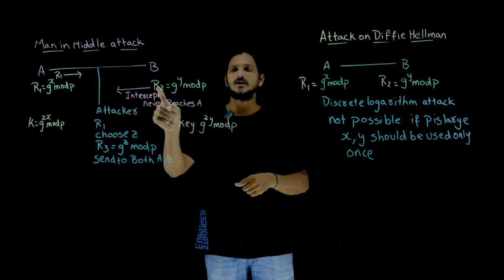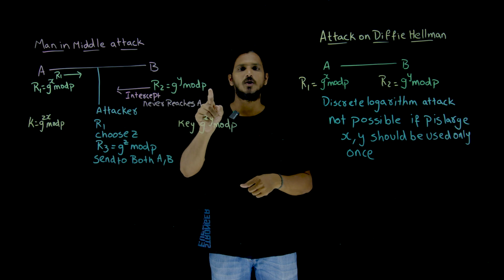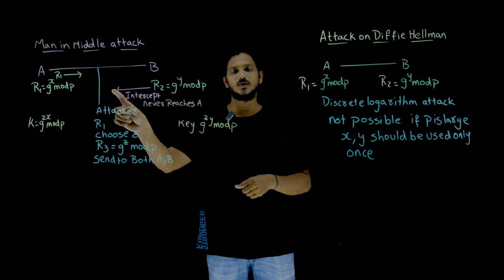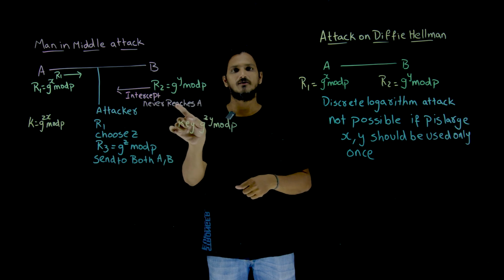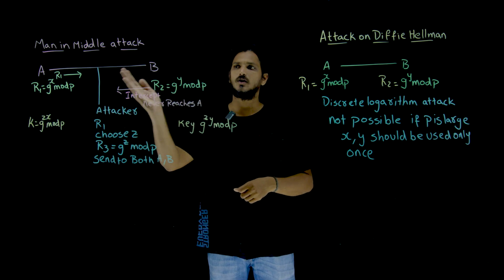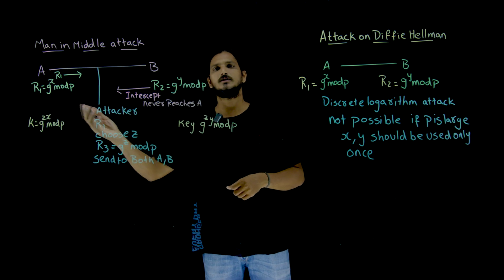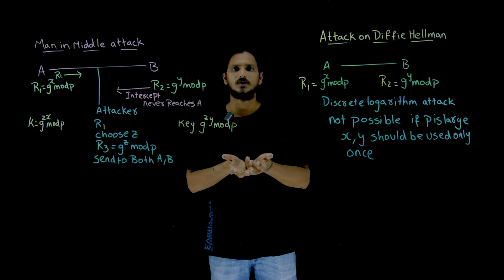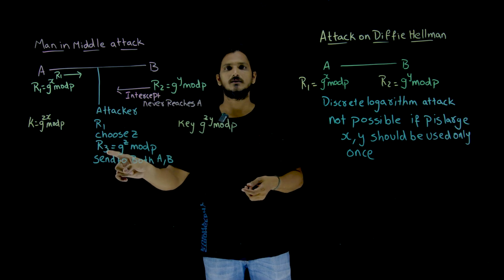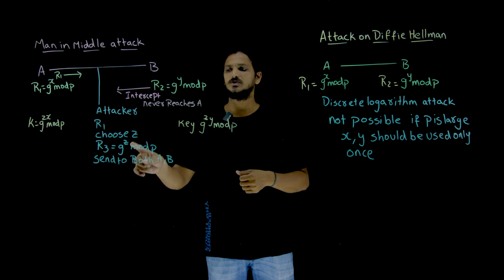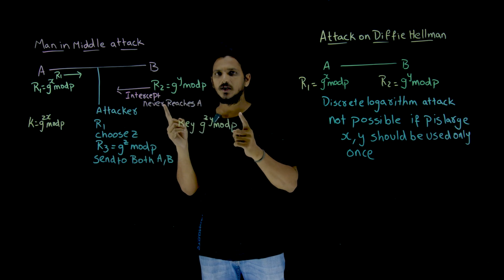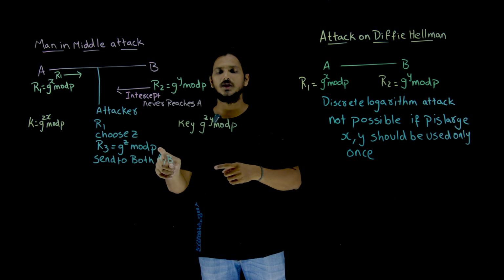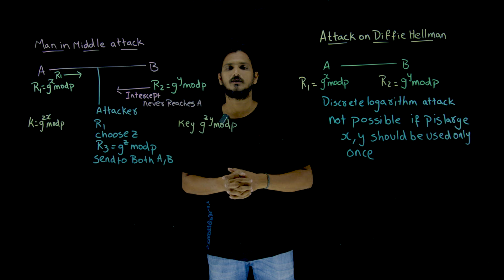B actually generates R2, which is G power Y mod P, and it is sent over the internet. The attacker takes that R2 value. It will never reach A. R1 will not reach B, and R2 will not reach A. The attacker takes both, and instead he sends the R3 value, which is G power Z mod P. Both parties think that G power Z mod P is the one they have to use, but it is not.